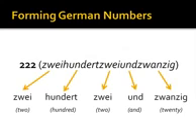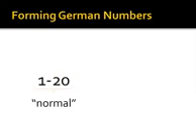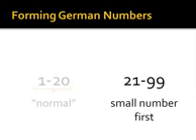So, just for review really quickly, numbers 1 through 20 are formed normally, I mean, the same way we would do it in English. However, once we get to numbers 21 through 99, the small number will come first.